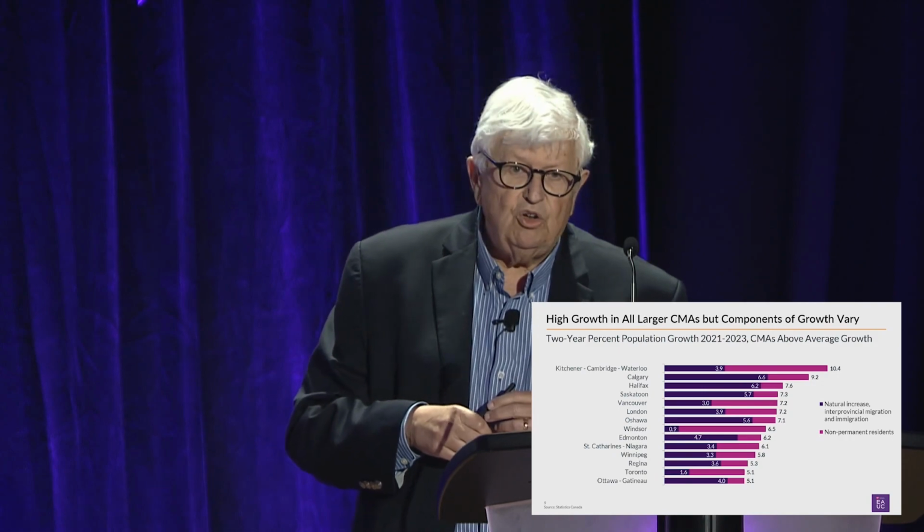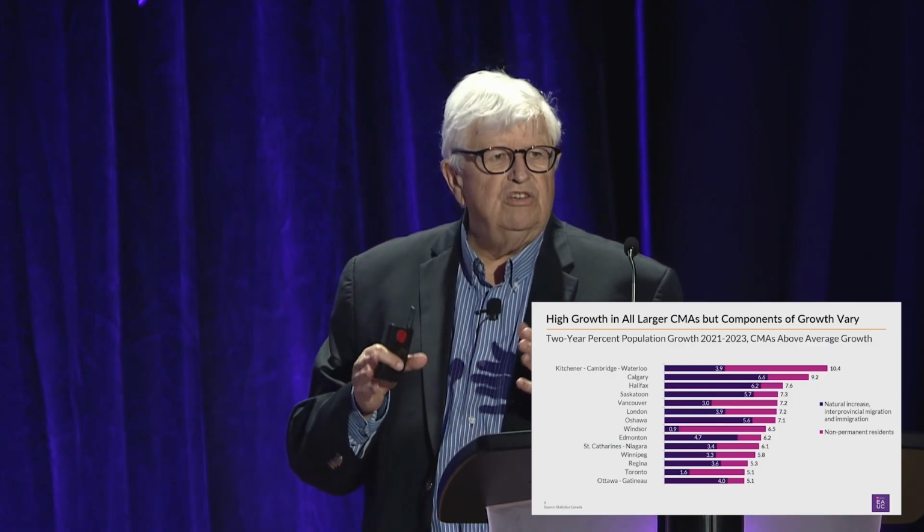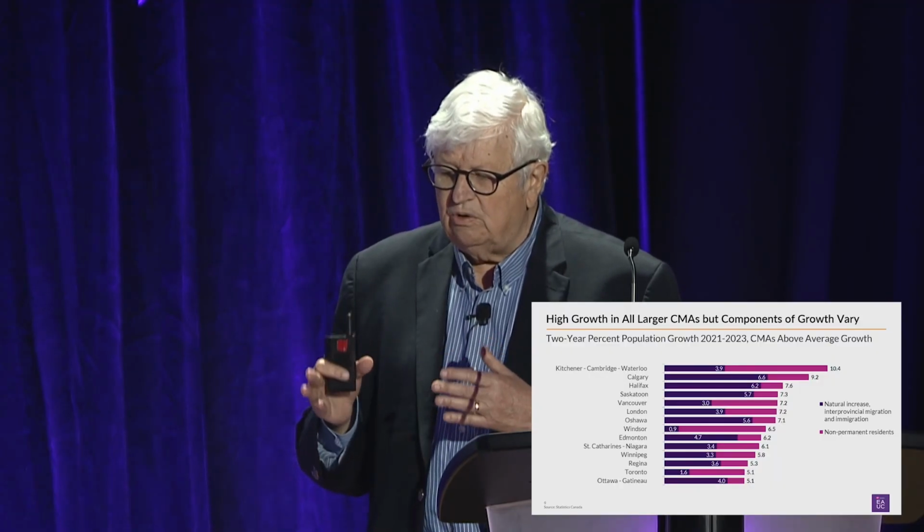If we drill down a little bit to metropolitan areas, we can see a range of growth. The Kitchener, Cambridge, Waterloo area, the fastest growing metropolitan area, but if you look at why that was, basically a large influx of international students, temporary workers into the Kitchener area fueled that high growth. If you take that out, much more modest growth.